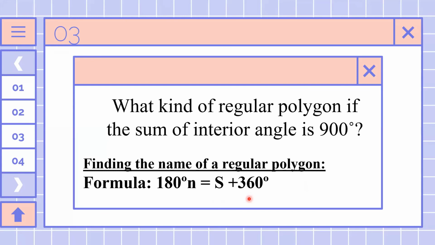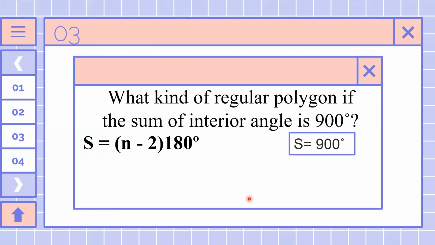Okay? So now, this one, let's have this example. What kind of regular polygon if the sum of interior angle is 900 degrees? So, ang S na to is 900. Kaya mao man ni siya itong sum, tama? So, now, using the formula, 180 degrees N is equal to S plus 360 degrees. So, na naman tayo value sa itong S, which is the sum of the interior angle is 900 degrees.